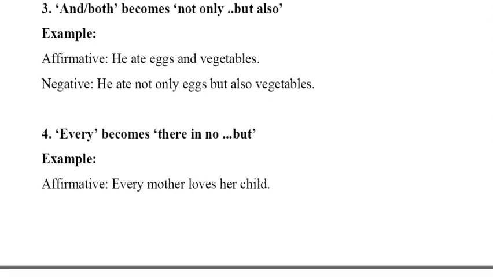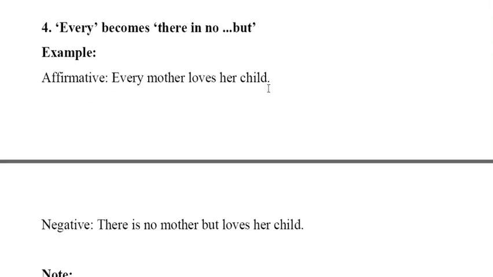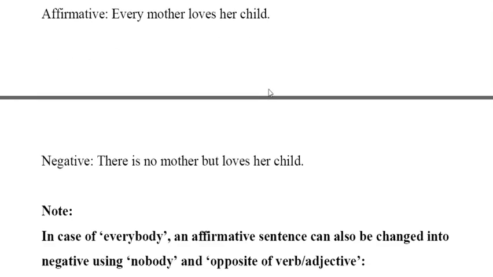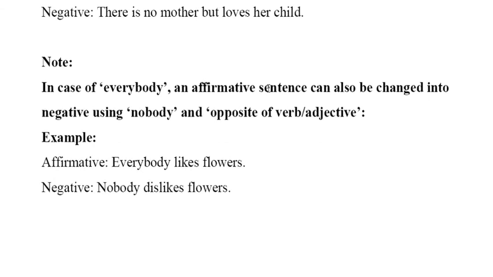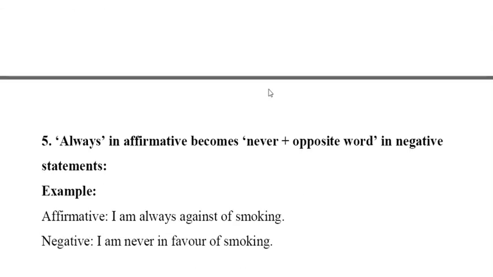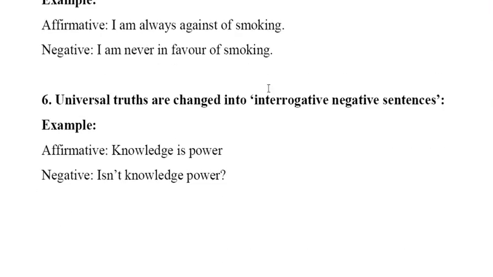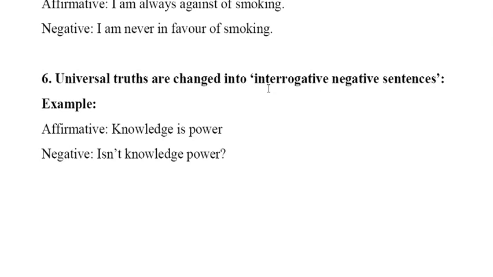For every, you will take there is no but; for everybody, everyone, you will take nobody, then verb or adjective. Always will be changed to never plus opposite word. Universal truth will be changed like an interrogative negative sentence. So, isn't knowledge power, meaning taking the helping verb with negative contraction at the beginning.